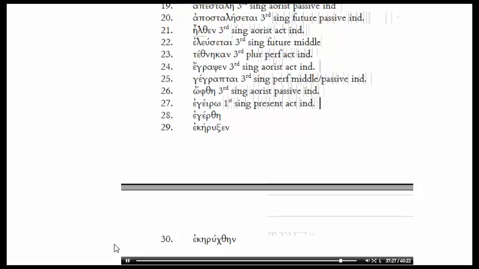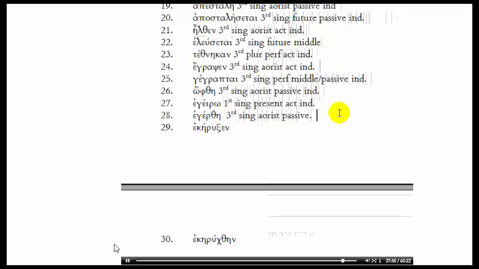So, given that, egerthe should be pretty straightforward. Egerthe is from what? From ageiro, to raise up. Notice the theta eta here, so that should tip off your mind that this is a third singular aorist passive. When do you see that in the Bible?